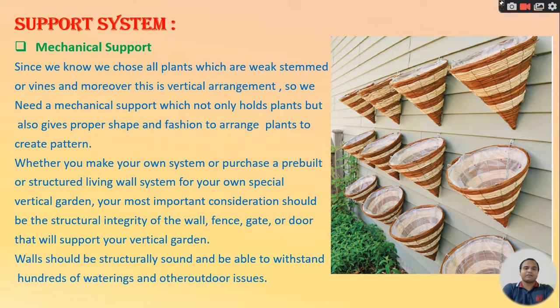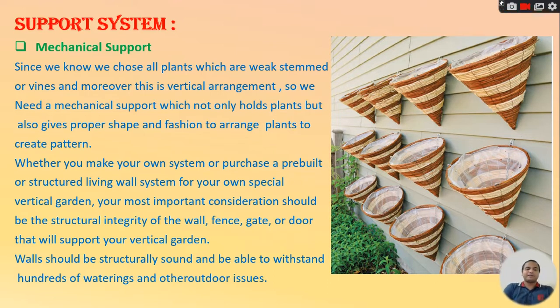Whether you make your own system or purchase a pre-built or structured living wall system for your specific vertical garden, your most important consideration should be the structural integrity of the wall, fence, gate or door that will support your vertical garden.